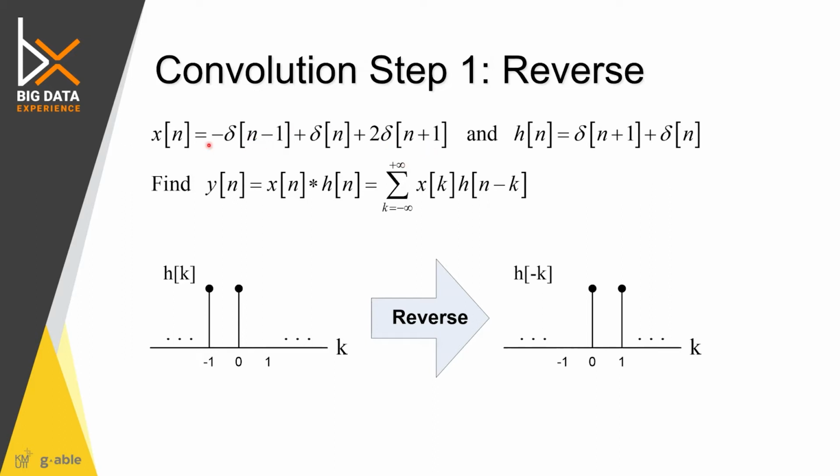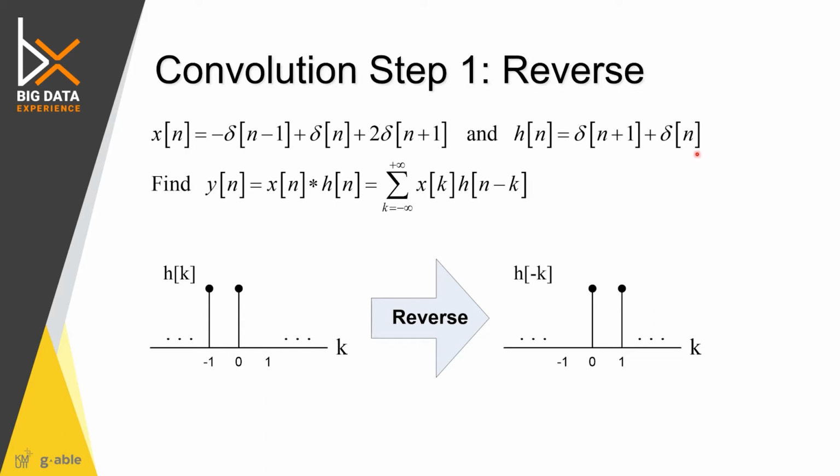At n equal 1, it has the value of -1. And at 0, x[n] has the value of 1. h[n] looks like down here. Sorry, it has the value of 1 at n equal -1, and it has the value of 1 at n equal 0.